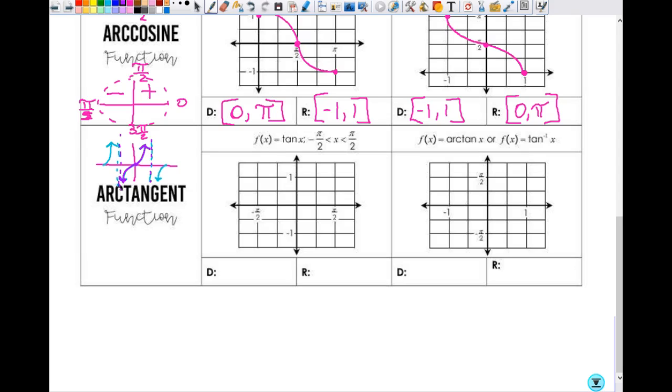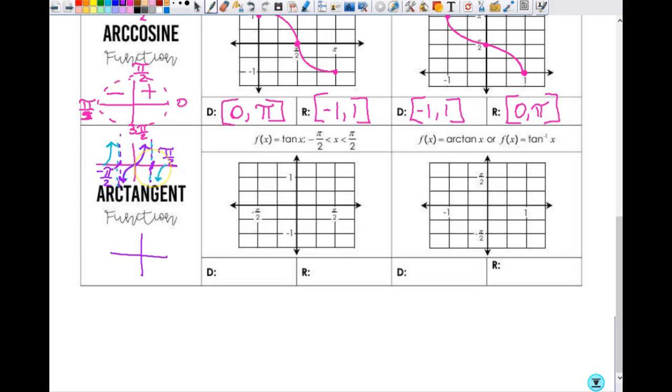Okay? Because remember this. These are my angle values right now. My x-axis, when I'm graphing sine, cosine, and tangent, not the inverses, the x-axis represents the angles. So I have positive angles from 0 to, what's this value? Pi halves, right? And this is negative pi halves.